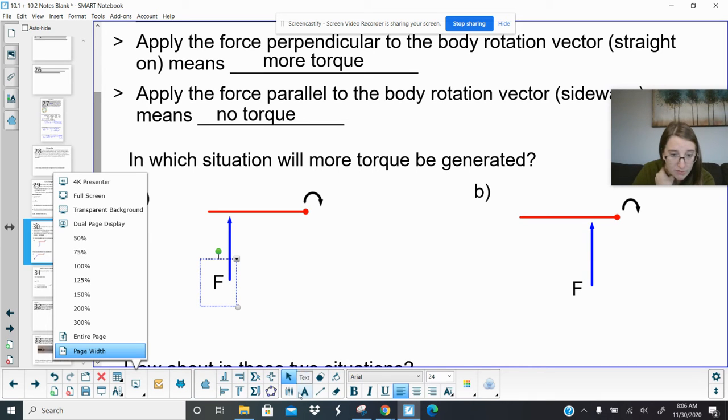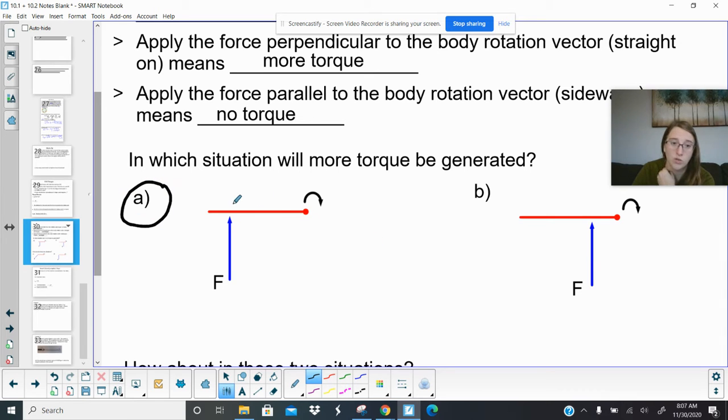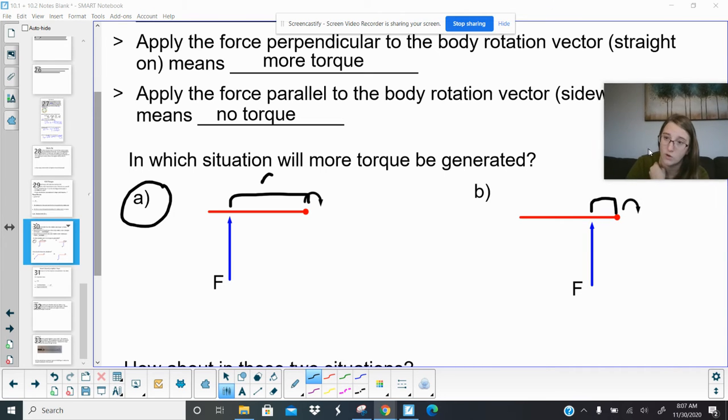Whoa, where did my stuff go? There we go. Okay. A is going to generate more torque because, again, this R is greater than this one. That's the distance from the axis of rotation over to where the force is applied. It doesn't necessarily matter the length of the object. I mean, technically it does, but right now we are focusing on this little distance right here.